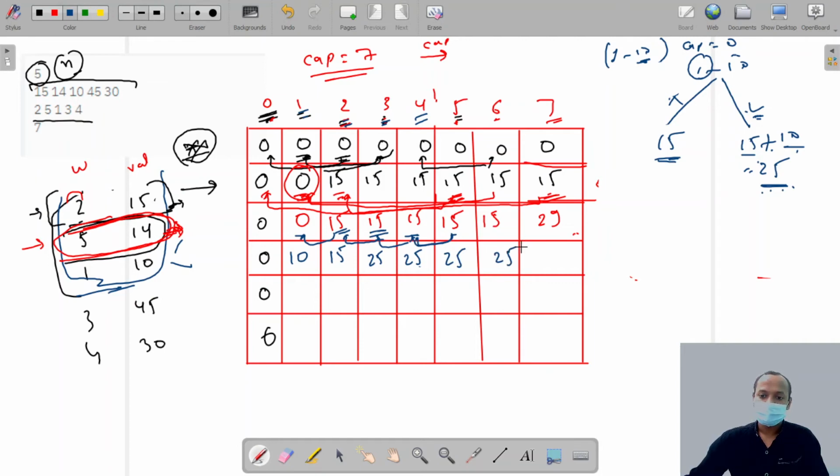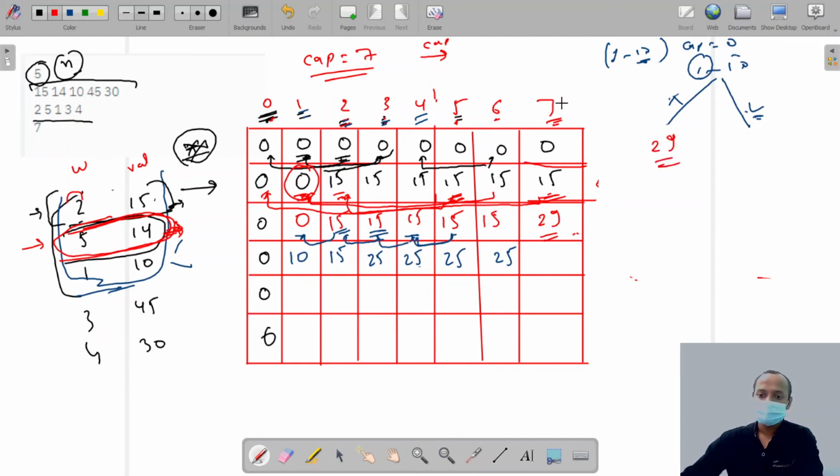Similarly here, now if you see, we include this item. Okay, till this point, 6, we include this item. Now if we exclude this item, we get all capacity, that is 7, and we can generate 29.